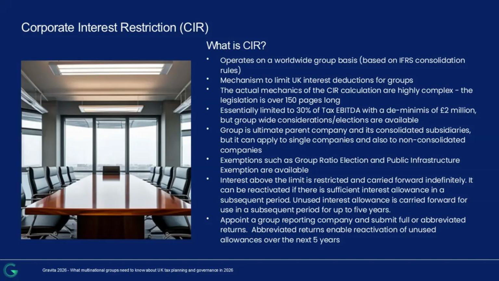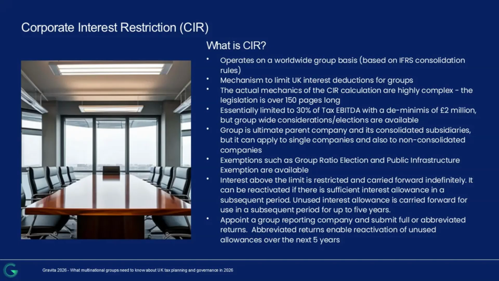Now, to businesses genuinely operating in the UK that are highly geared. So, for example, if you've got an international group, and overall your external finance, you apply the group ratio, where you're looking at what proportion of your taxable profits is, and your interest expense comparative to that.